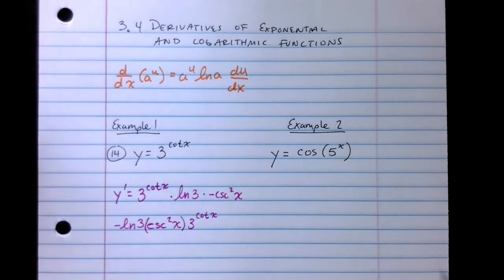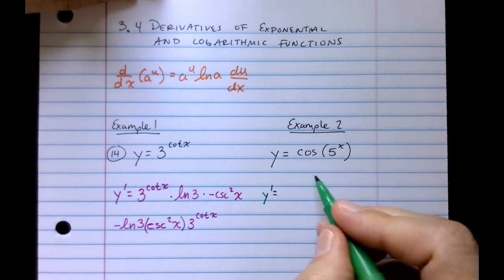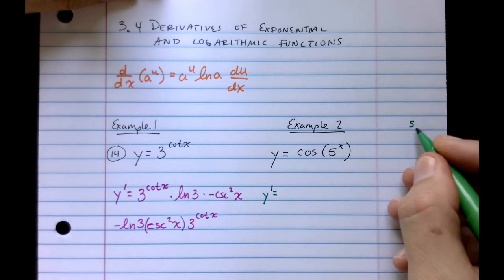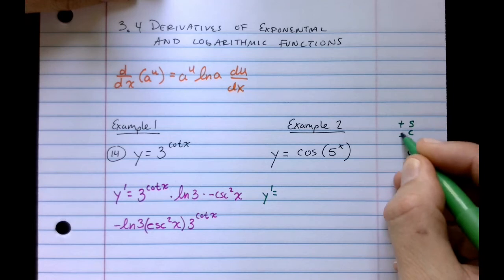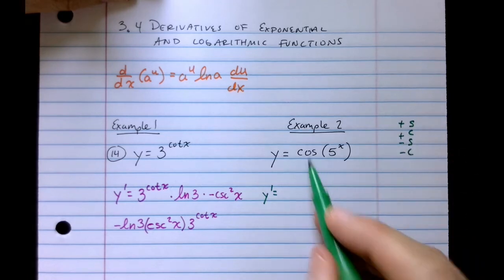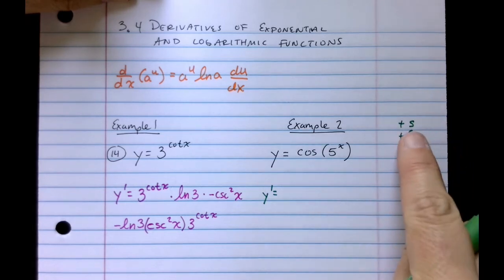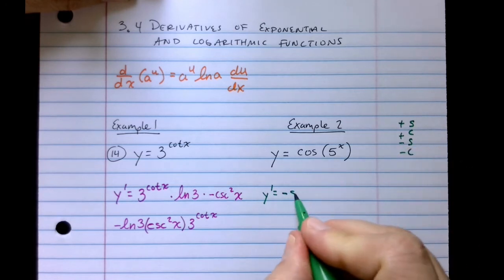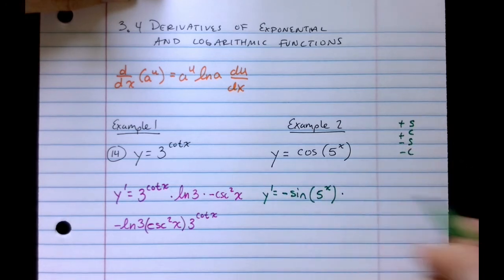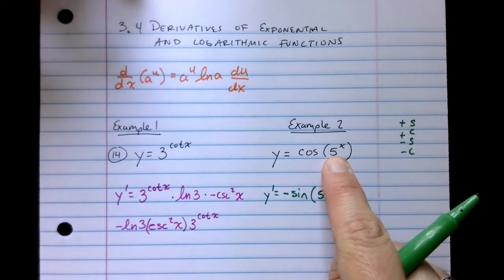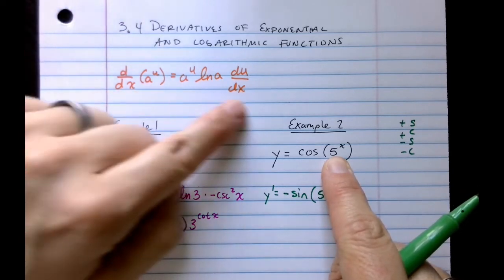So let's begin. The outermost function is cosine. Remember, sine, cosine, plus, minus, minus. Because it's positive cosine, its derivative is going to be negative sine, times now the derivative of the inside function. Again, it's exponential, so we're going to follow our rule.